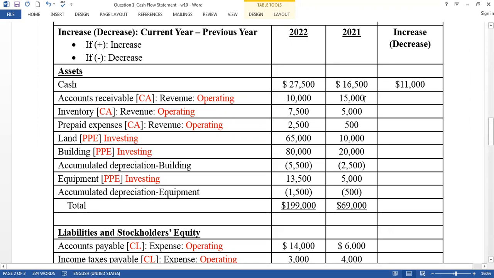What about the accounts receivable? Previously it was $15,000. This year $10,000. So current year minus previous year gives a minus sign, and a minus sign means you can use brackets: $5,000 decrease.